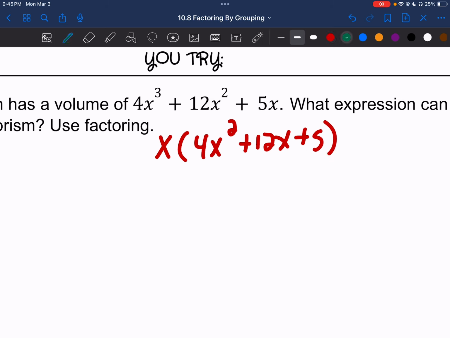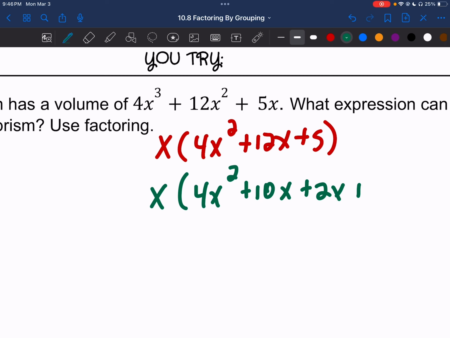All right, so I'm looking for factors of 20 that add up to 12. Well, that's going to be 10 and 2. So plus 10x plus 2x plus 5. Okay. So factor by grouping. Our first term, 4x squared and 10x, common factor is a 2x.